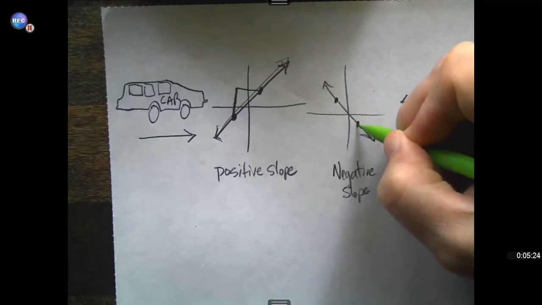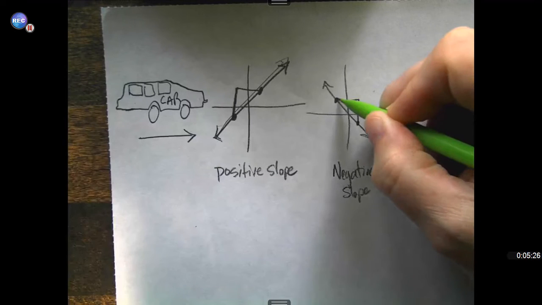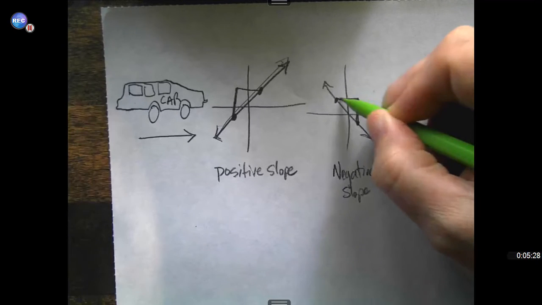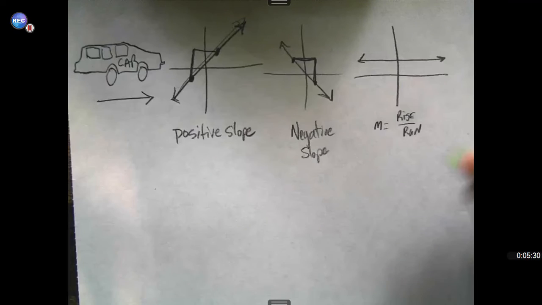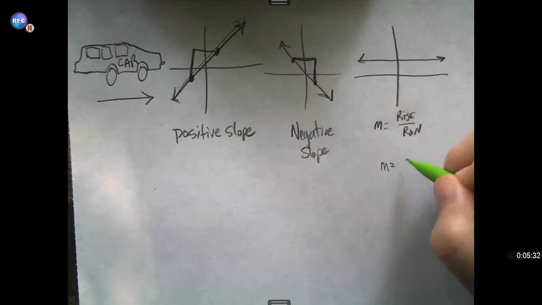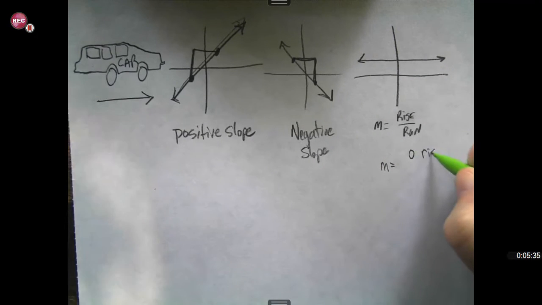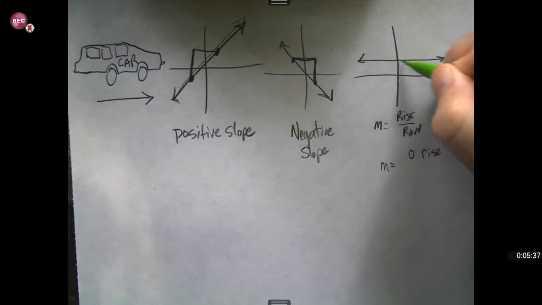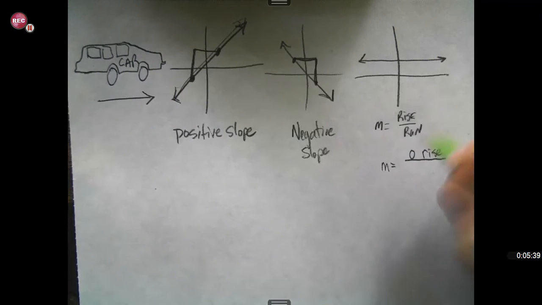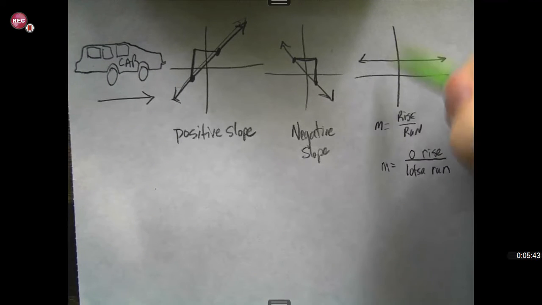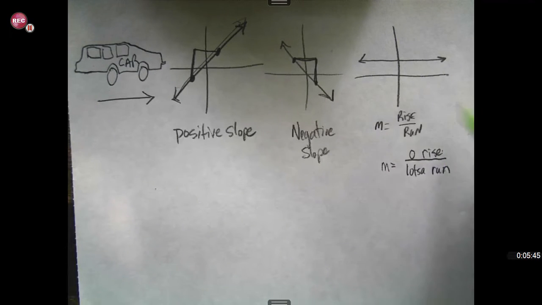How much did I rise, how much did I run to get from one point to the other point? Well, for this line, I have 0 rise. This line is not going up or down at all, but it has lots of run. And so 0 divided by anything is 0.